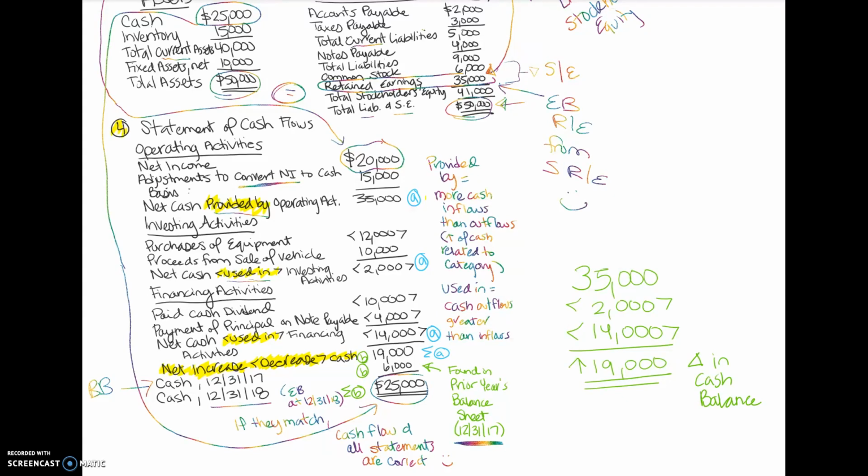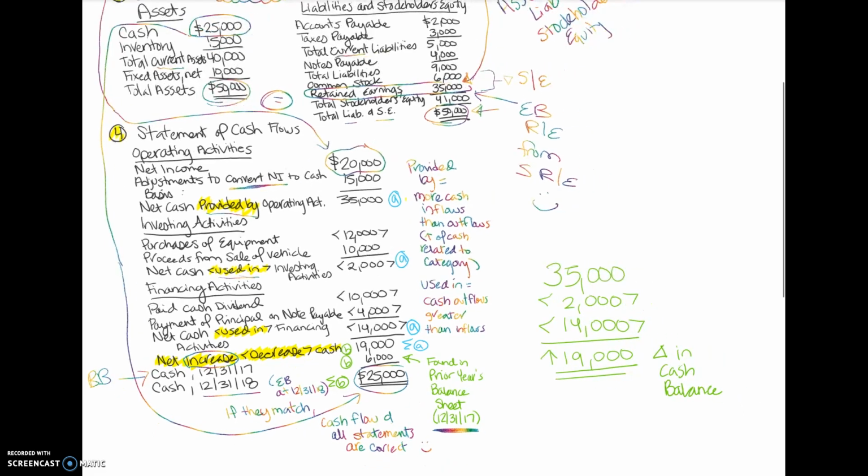You started 2018 with that $6,000 in cash. You increased your cash balance by $19,000 for the year. So we're going to net these two amounts, and we're going to add in this case, and that's going to get us to what our ending cash balance is, and that will match your balance sheet ending cash balance. So notice here, 25,000, 25,000. So we know that is correct.